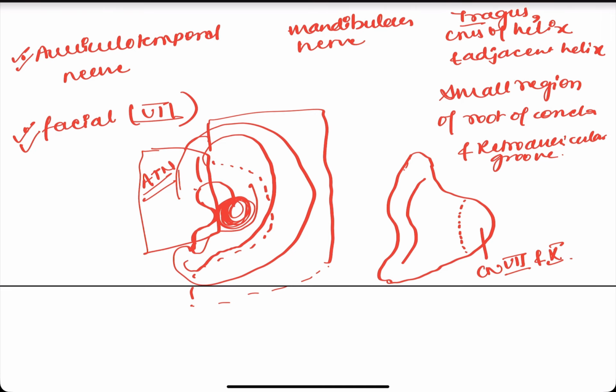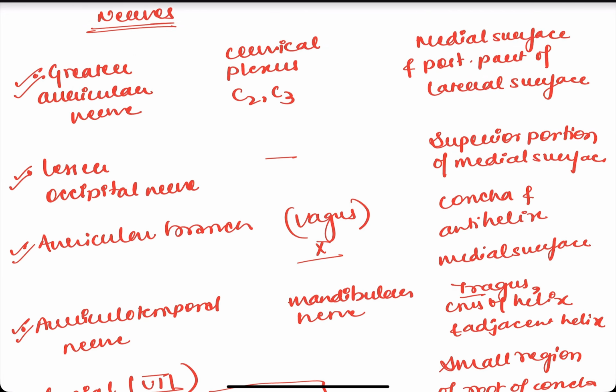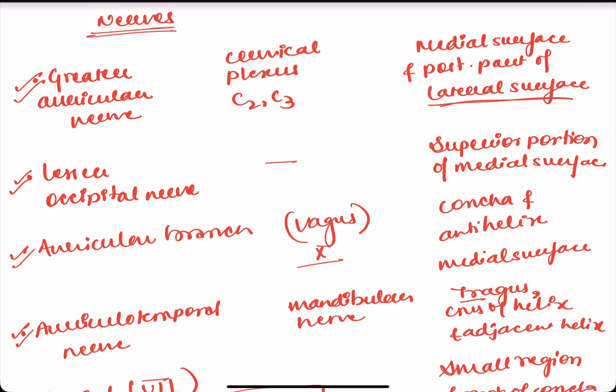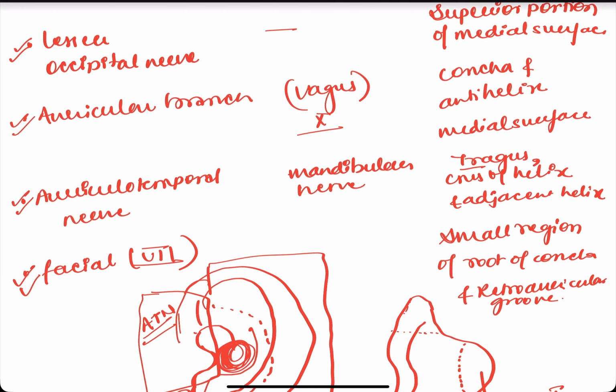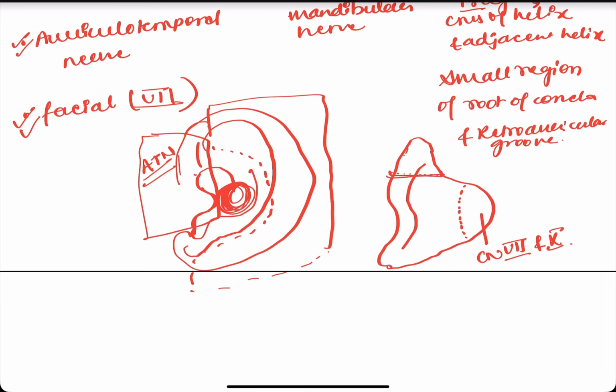Next, the greater auricular nerve supplies the lateral surface also. And our lesser occipital nerve supplies the superior portion. So this is the lesser occipital nerve area, this is our greater auricular nerve, and this is cranial nerves 7th and 10th. So this is all about the nerve supply of the pinna.